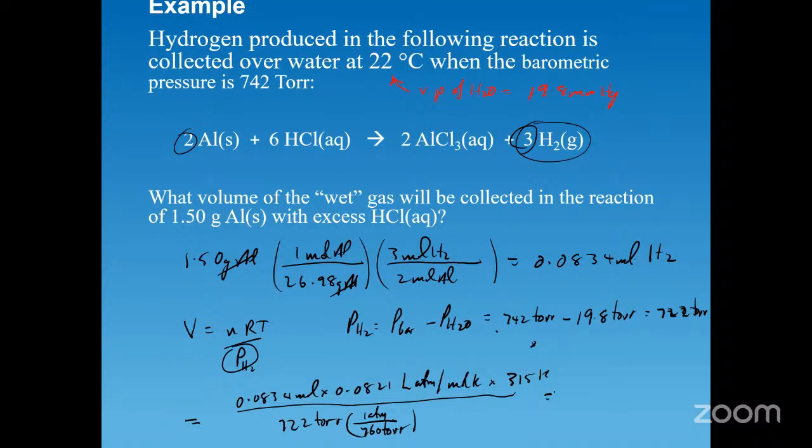So let's see what this gives. 0.0834 times 0.0821 times 315 divided by 722 divided by 760.